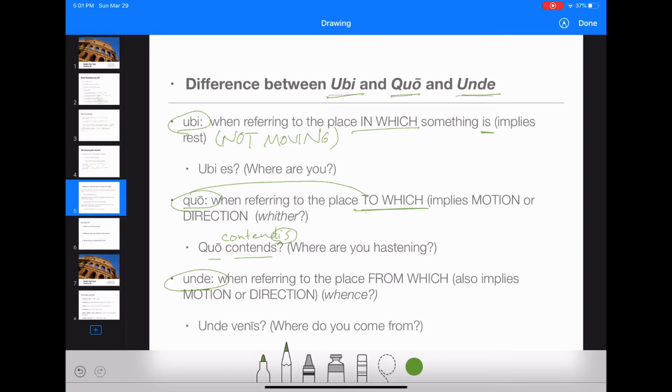Undi, so quo is going to go with to which, and undi goes with from which. So this is going to tell the place from which the action is occurring. So undi venis, where do you come from?